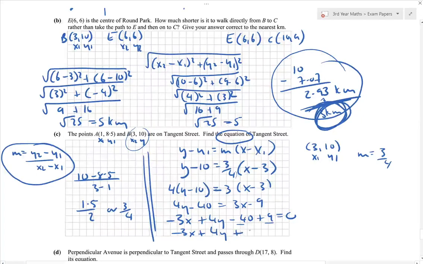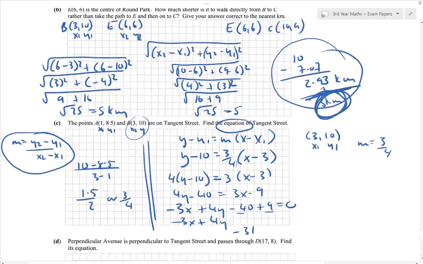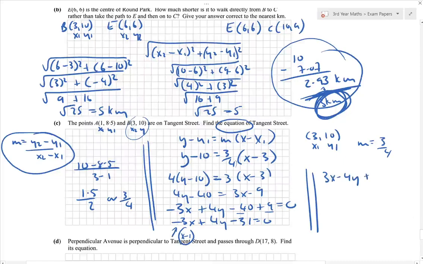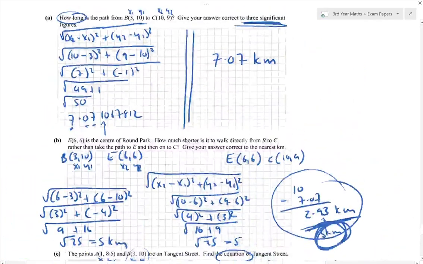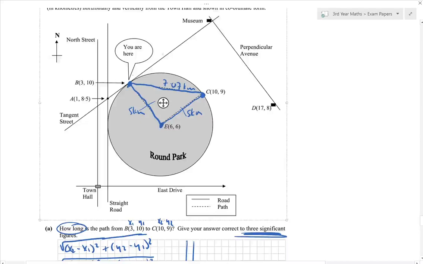Oh yeah, so that's plus, sorry, that's minus 31. And then we don't ever want a minus in front of the x for the equation of a line. So I'm going to multiply across by minus 1. And that gives me 3x minus 4y plus 31 is equal to 0. So that is the equation of Tangent Street.